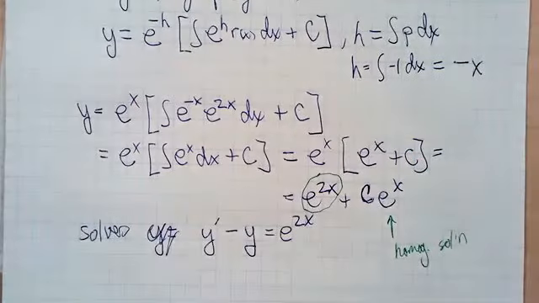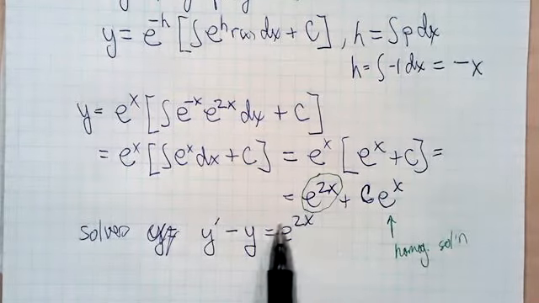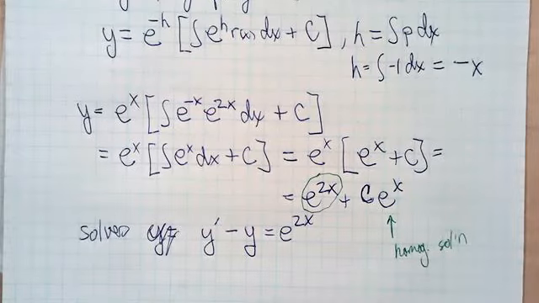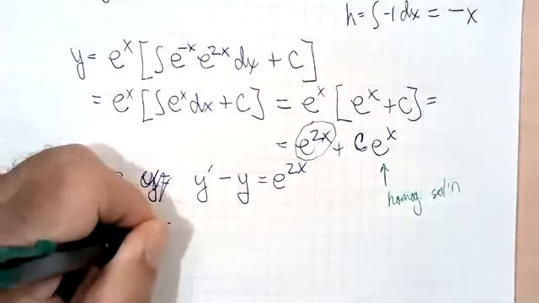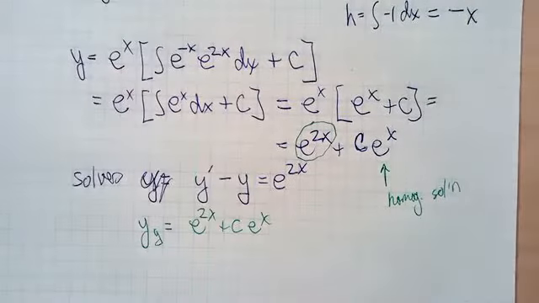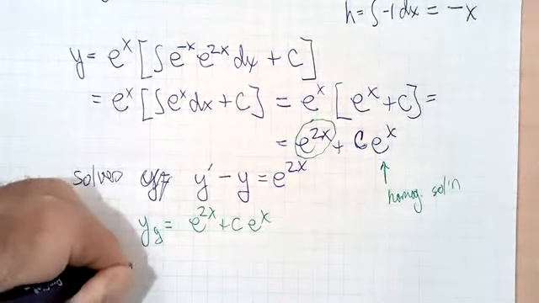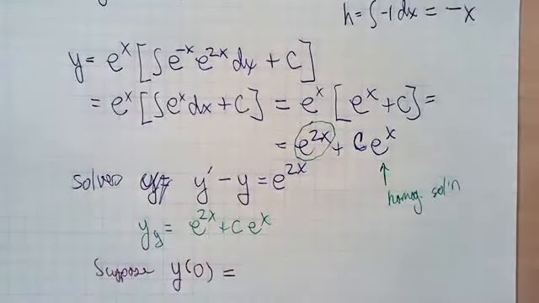Some people call it the homogeneous solution. The first part is a solution to the equation with a non-zero right-hand side. And you put them together, you get all possible solutions. So it's the general solution to the original differential equation. And it's this C that really allows us to solve initial value problems. So suppose that we had an initial condition. Suppose, for instance, y at 0 is known and, I don't know, equals 5.